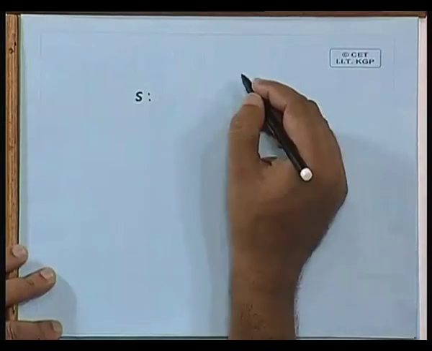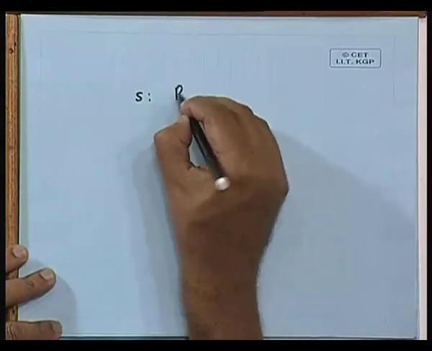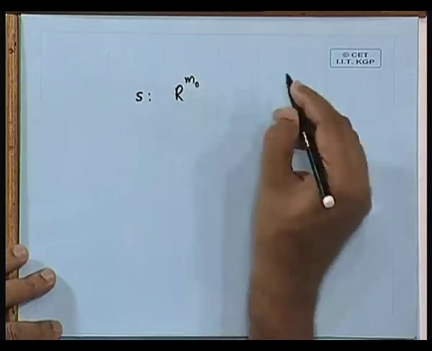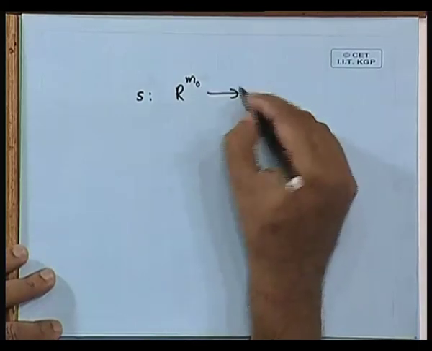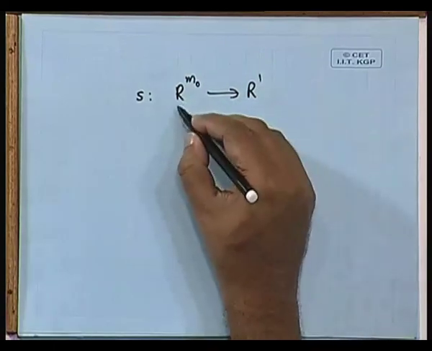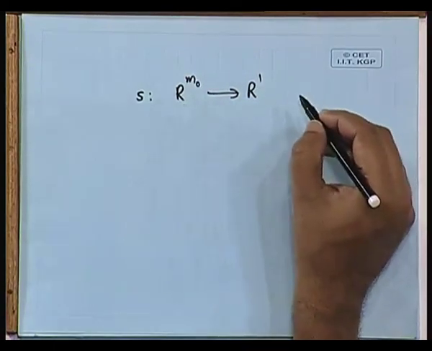That means what is the output dimension? Output dimension is simply 1. So, essentially the mapping that we are considering for this network, if we say that the mapping function is S, then S is a mapping defined from M0 dimensional real space to 1 dimensional real space. Okay, this is the input and this is the output.